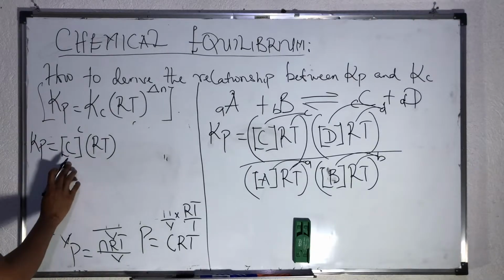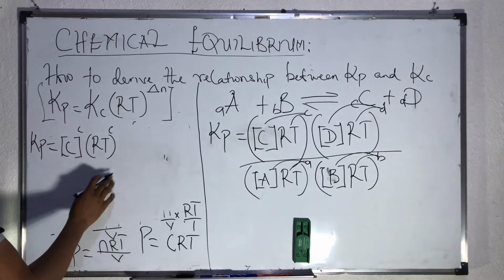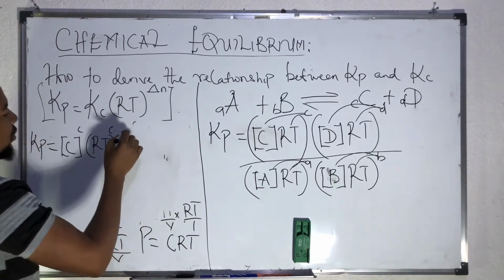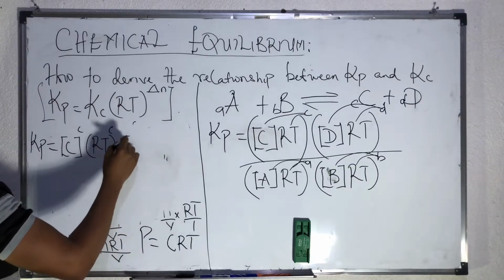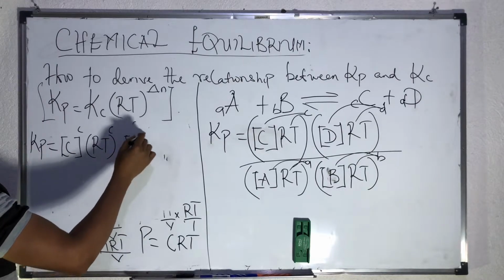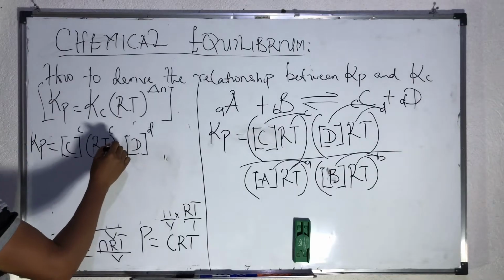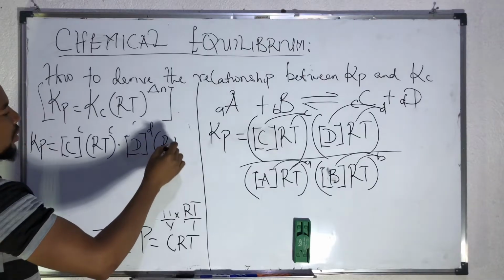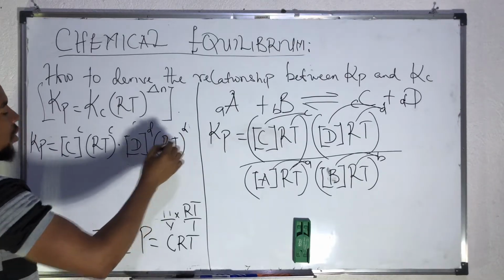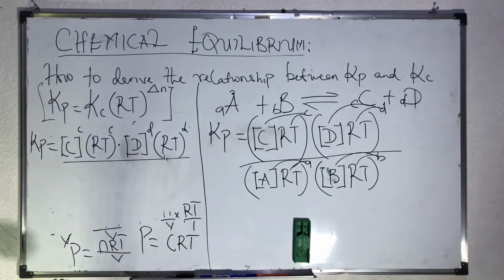Okay, now it's going to be raised to the power C. And next up, we have the next one. This is our D. Okay, our D raised to the power of D. Remember that they are multiplying. And the RT will come after it, raised to the power of D. This is over the denominator.